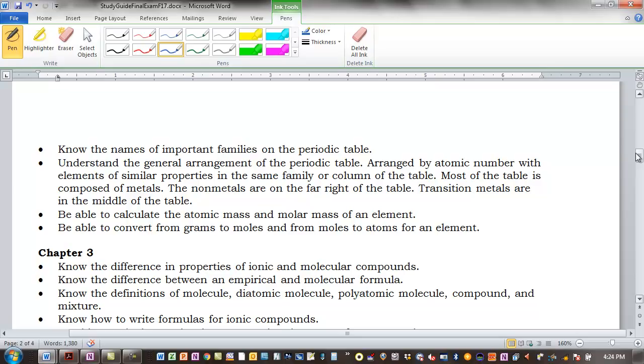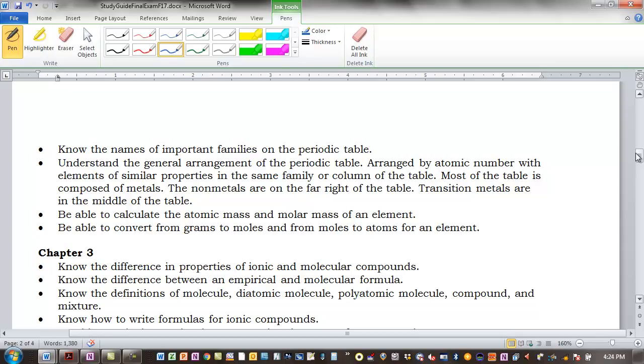It's good to know that things in the same column, the same family, have similar properties, and that's why they're arranged that way. It's actually arranged by valence electrons, as we found out later in the course. So that's definitely good to know.